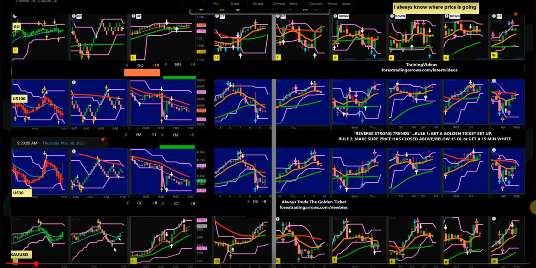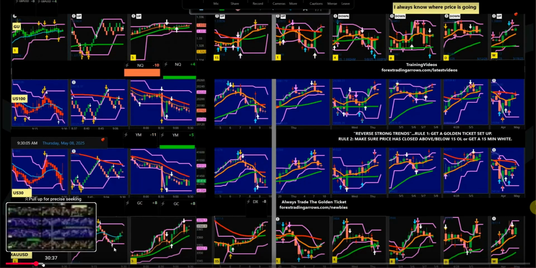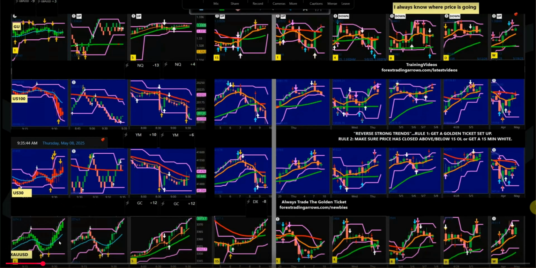You don't have to understand what these charts are saying, right? You just have to know that there is a white there on your 5-minute orange line, or there is a white there on the 15-minute orange line. All right, Steph? So if you want to do that, then just look for them. That's it. Whites with your setup.